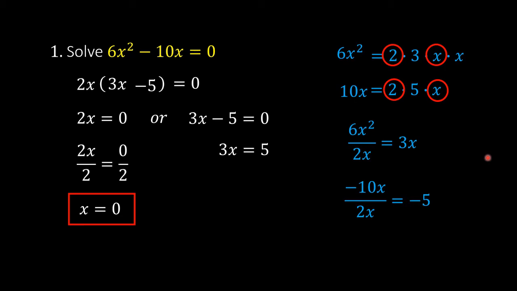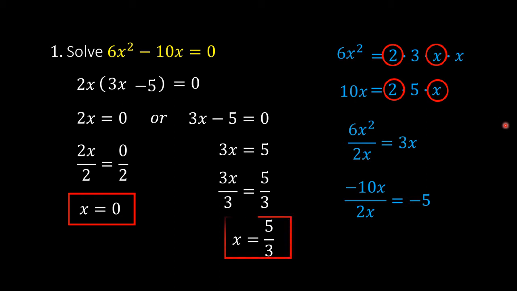And then divide the left side by the coefficient of x, and the coefficient of x is 3. So divide this by 3 and also divide the right side by 3. So our answer is x is equal to 5 over 3.